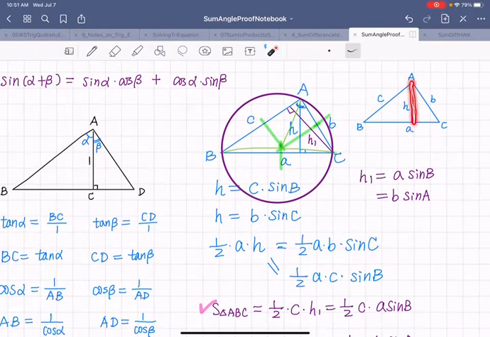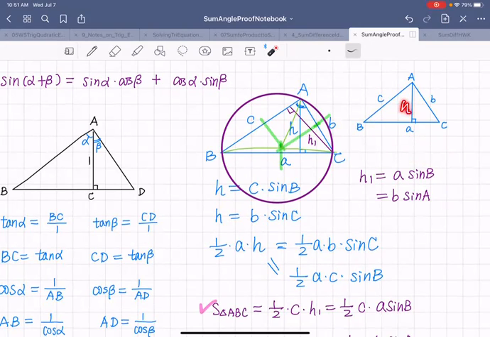For this altitude, does H equal C times sine B in this right triangle? Yes or no? Yes, because sine B equals H over C. So H equals C times sine B, correct?